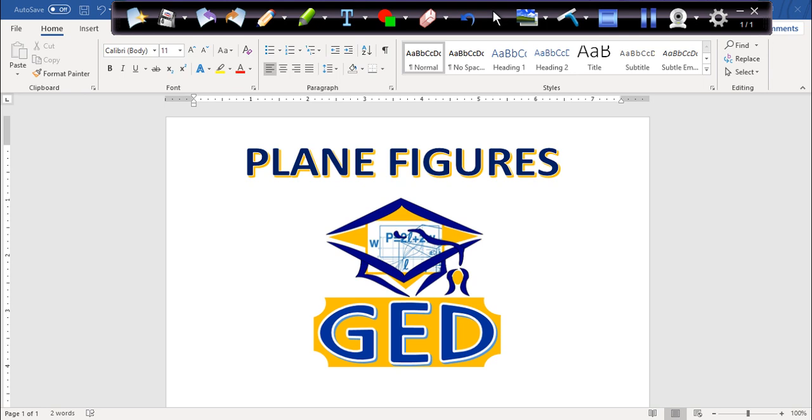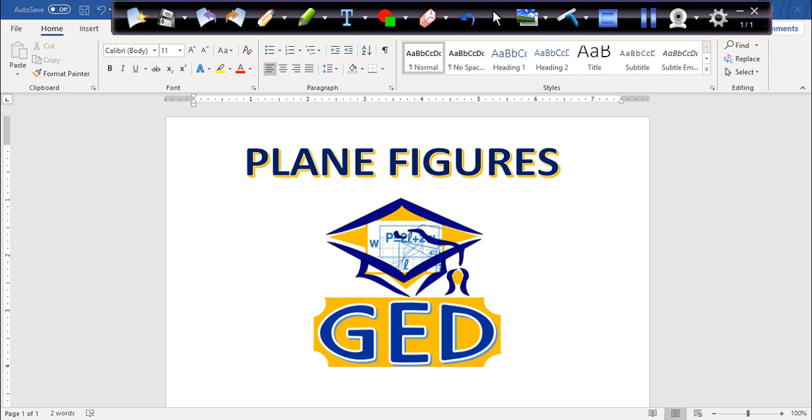So the first thing they discuss in your book here is four-sided plane figures. A plane figure is a set of line segments, all lying on a single plane. To prepare for the GED test, learn the properties of each shape.